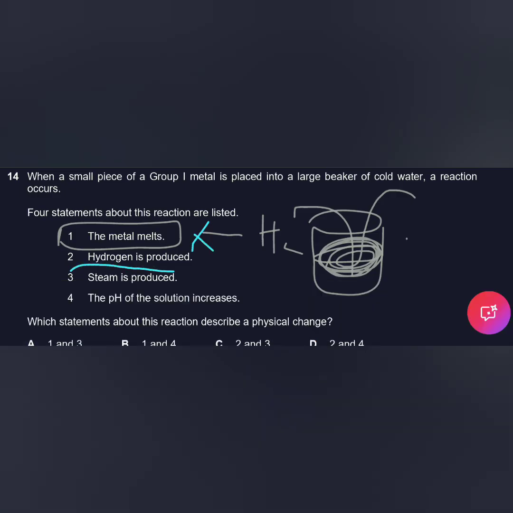Yes, that's correct. After the reaction, hydrogen gas is always produced. Steam is produced. Okay, let's see what happens when we add sodium to water.